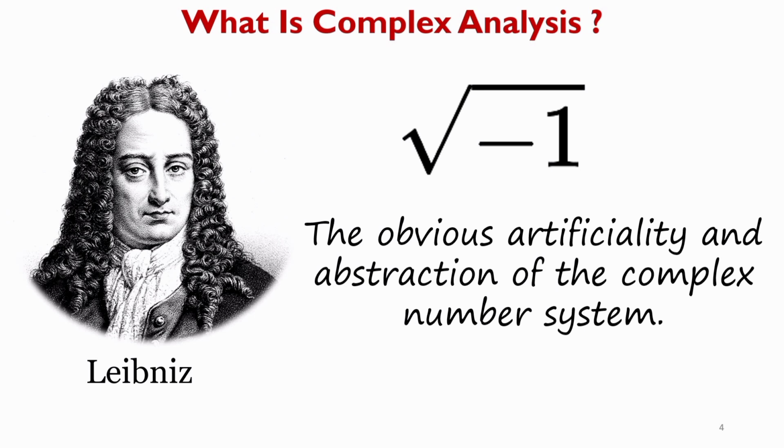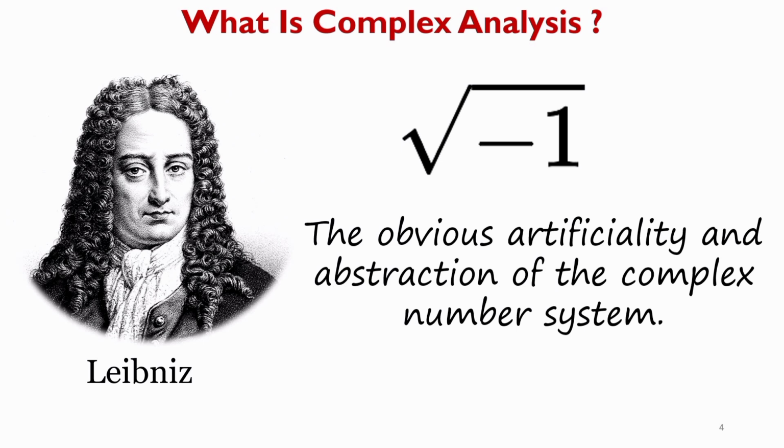The current view of the square root of -1 is, I would say, a little bit prosaic, but at least it is inspiring. The logical status of complex numbers, which used to cause so much distress during the 18th century, is now seen to be very much in tandem with real numbers. What puzzled the ancient scientists or mathematicians was the obvious artificiality and abstraction of the complex number system, in contrast to the apparently natural, concrete real number system.